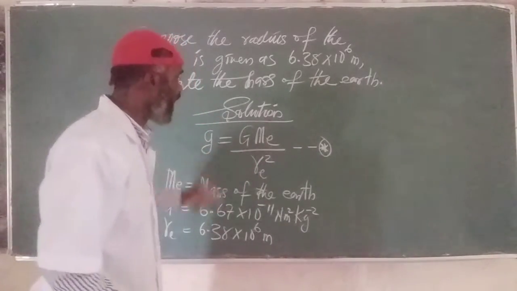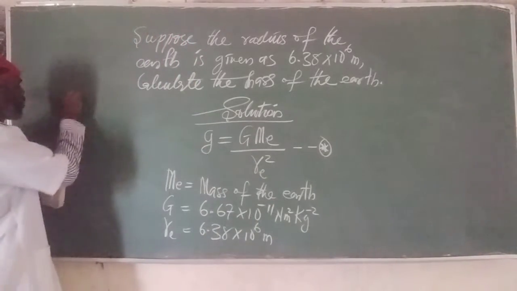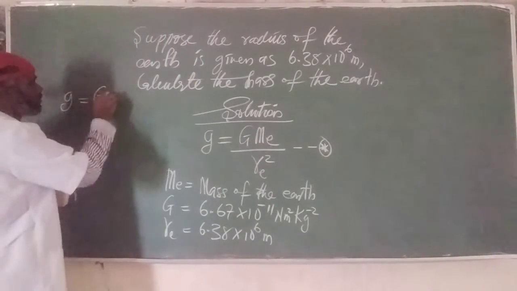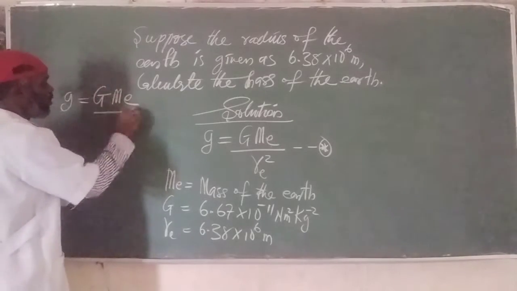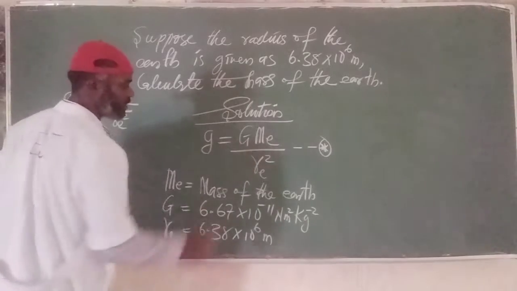How do we do that? Very simple. We take g is equal to capital G ME over RE squared. We want to make ME the subject.